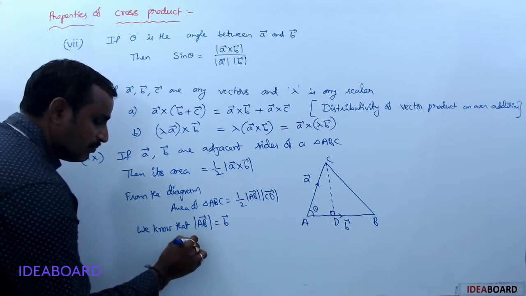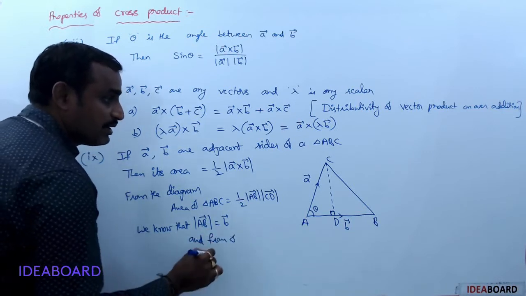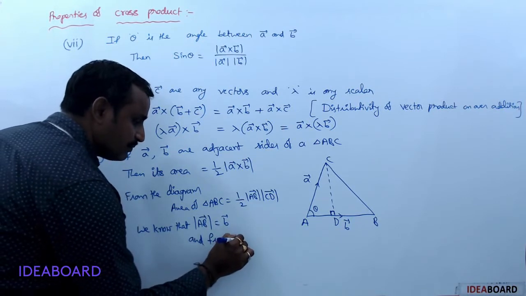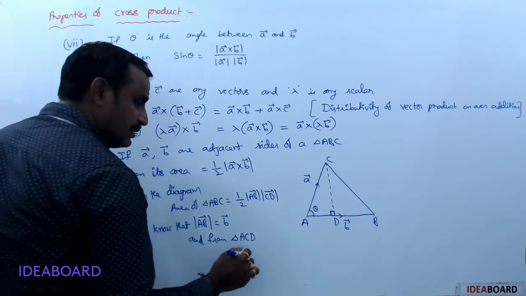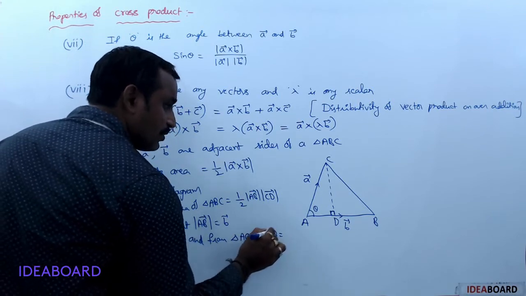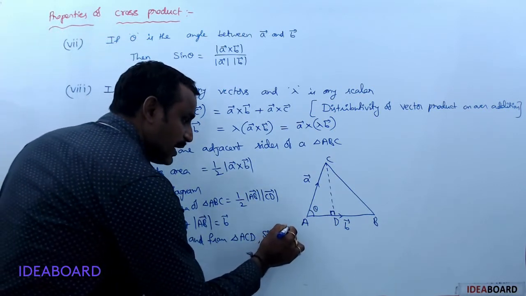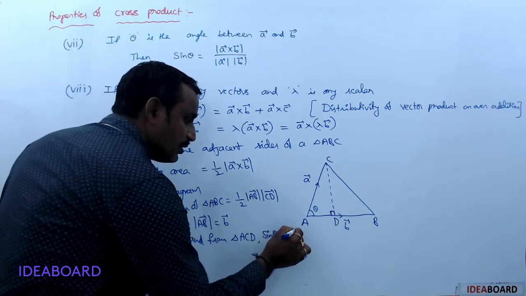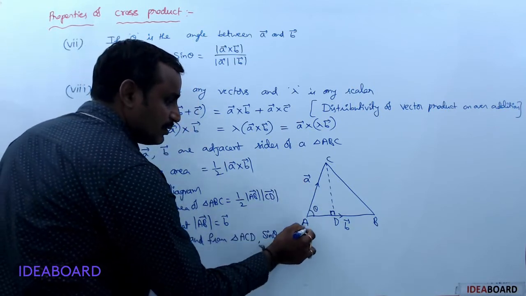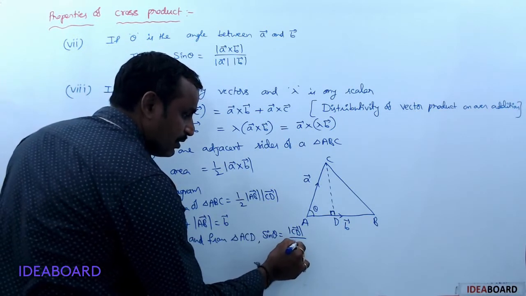and from triangle ACD, sin theta is equal to opposite side magnitude of CD bar by hypotenuse magnitude of AC bar.